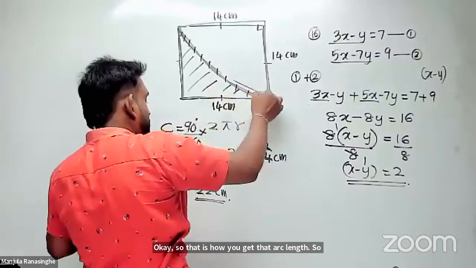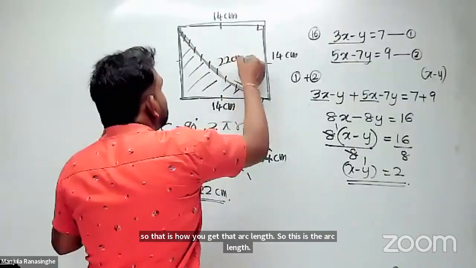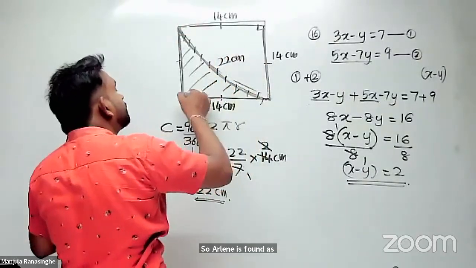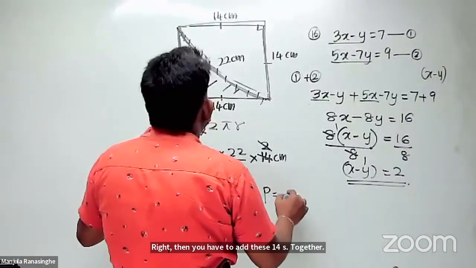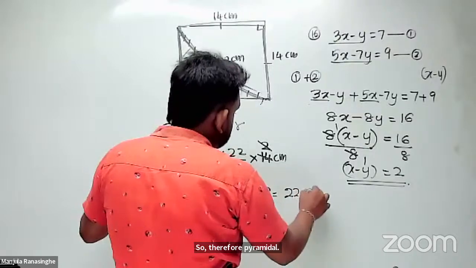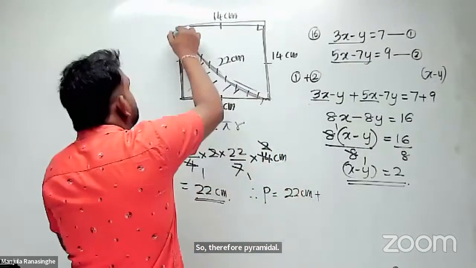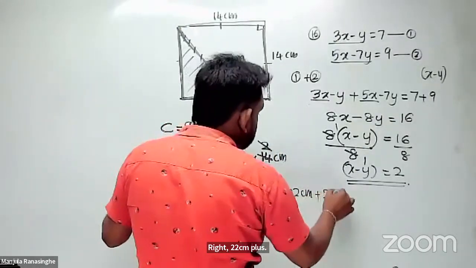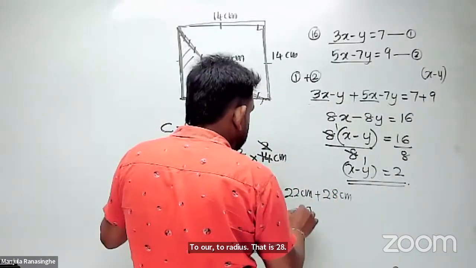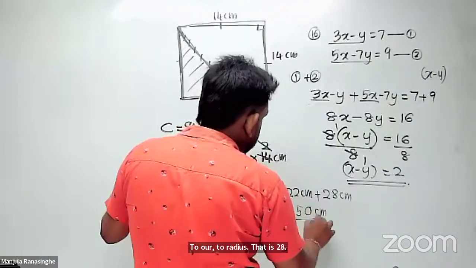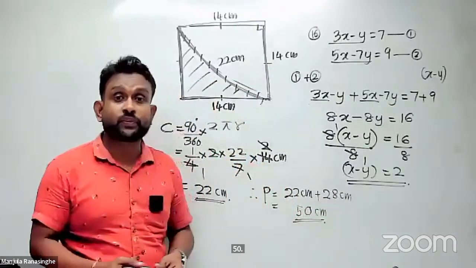So the arc length is found as 22 centimeter, right? Then you have to add these two 14s together. Therefore, perimeter equals 22 centimeter plus 2 radius, that is 28. That gives you 50 centimeter, that is the perimeter.